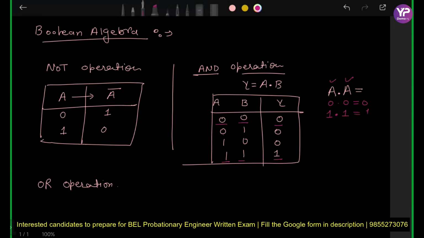So what we are seeing here is that the same value which we give to A, the same value will come out in the output. So if I give A as an input, the output will also be A. So remember this, A and A is going to be A. Understood? The first thing. Tell me, then I will move to the next thing, because these are the rules which you have to remember for future.